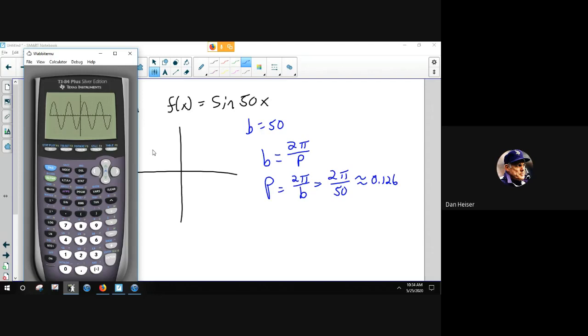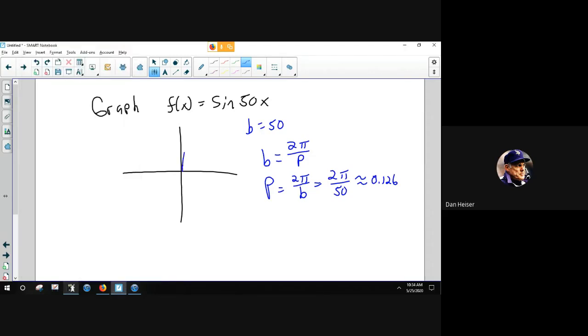Now we get our nice, smooth graph. We have to understand that our calculator is so zoomed in on the x-axis that that's what we need to get this nice picture.